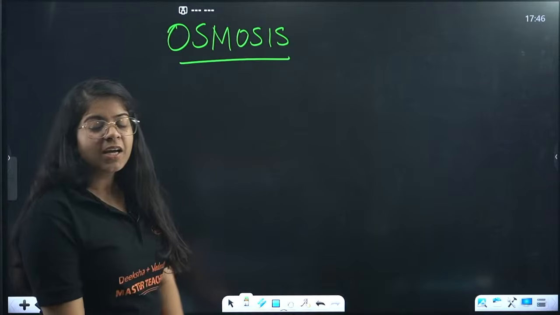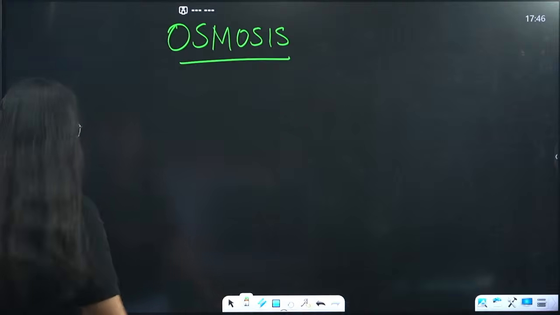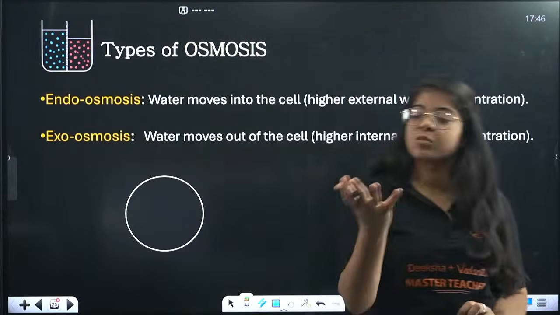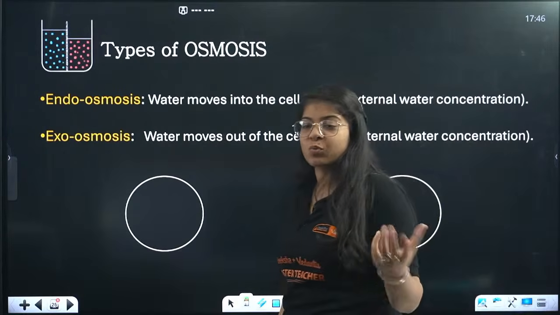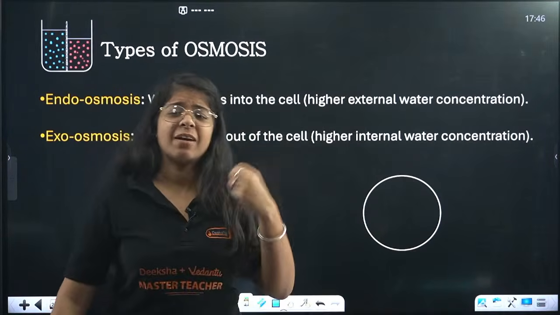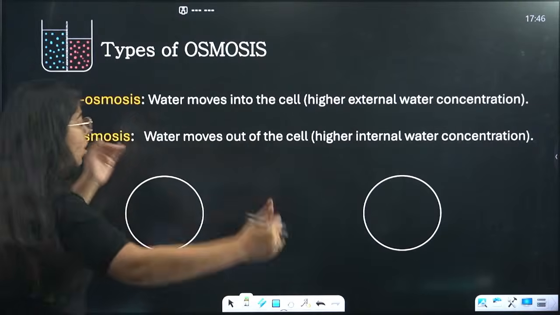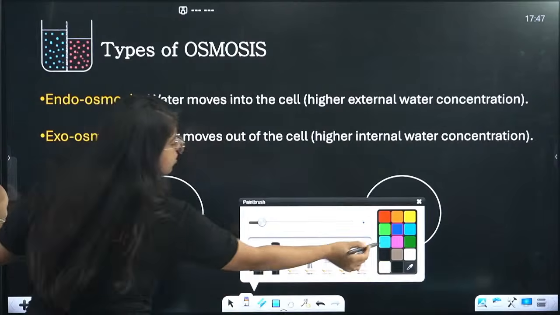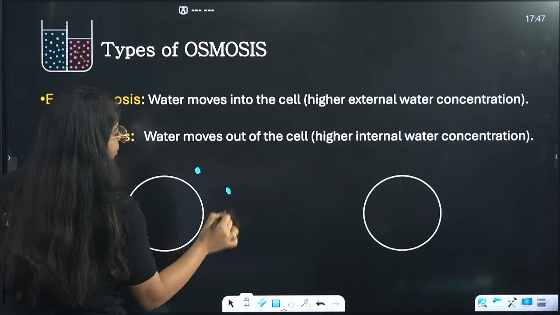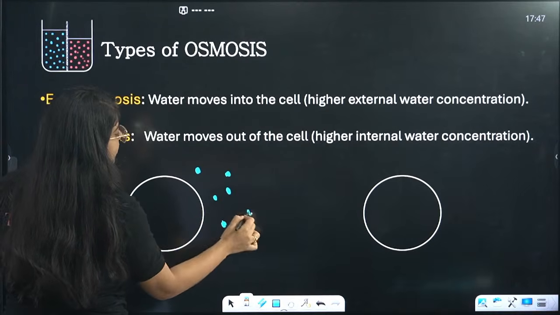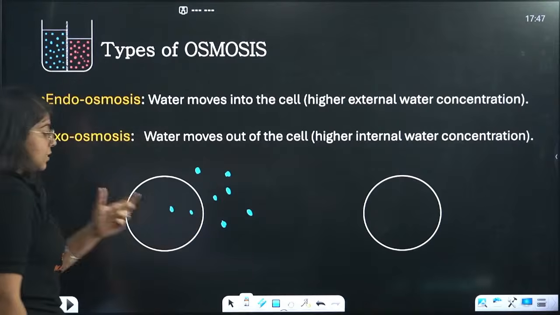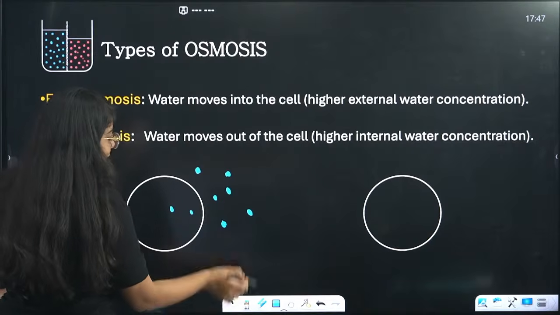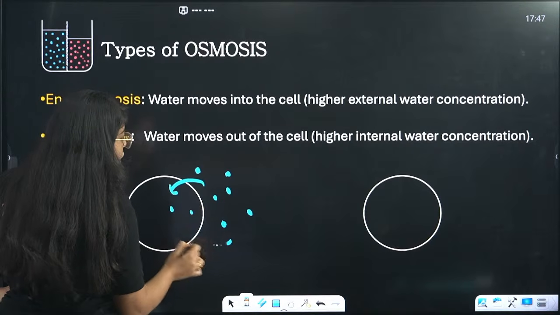Very good, Siklat. Great. So yes, we have two kinds of osmosis, that is endo-osmosis and exo-osmosis. Now endo is entering. So when water enters the cell, there are so many water molecules out there, right? There's high concentration outside, and inside the cell only two water molecules are there. So all the water molecules will travel from high concentration to low concentration.